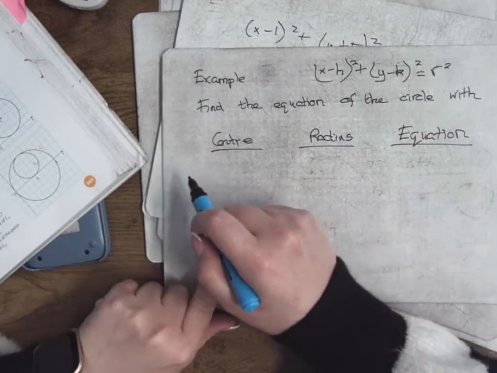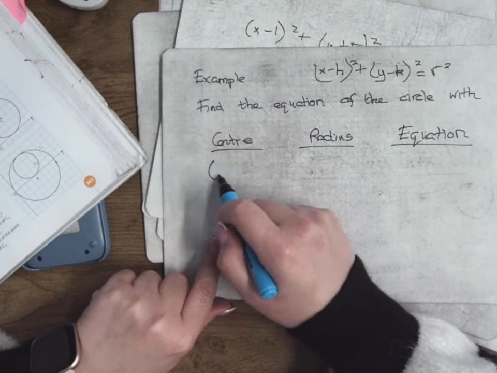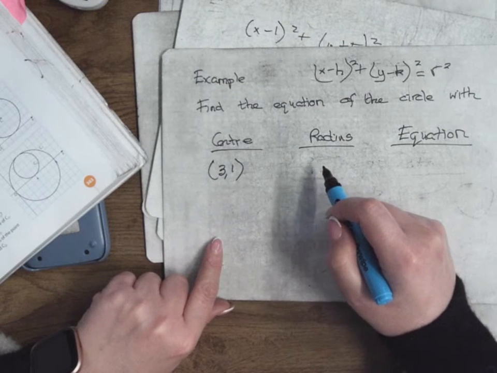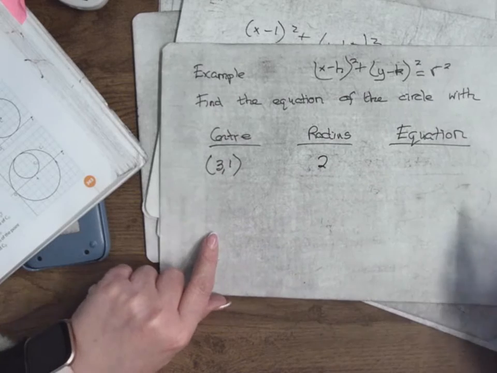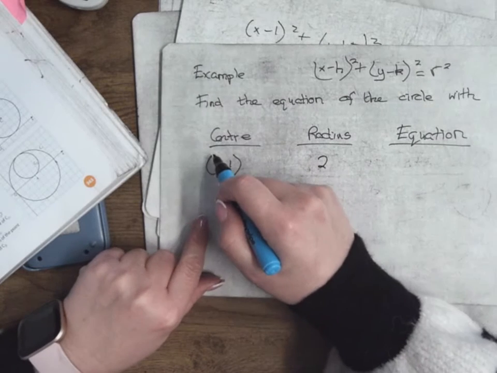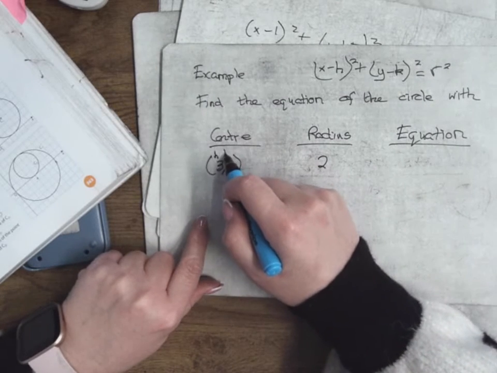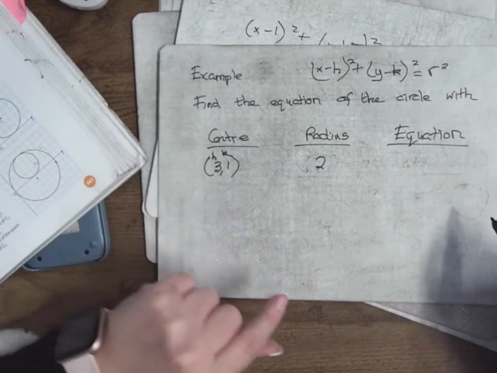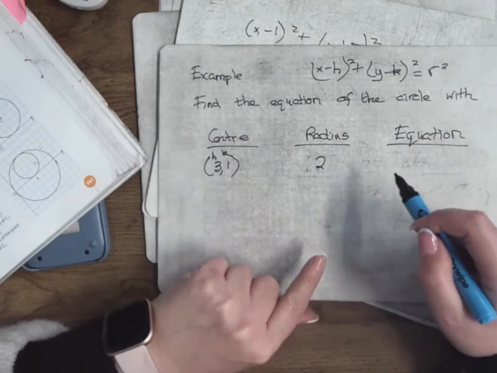Right, so if I'm going the other way, if I tell you the centre is (3, 1) and the radius is 2, you fill in the centre, we call it h and k. So in here, instead of h, put in a 3, instead of k, put in a 1, and that's all you fill in.